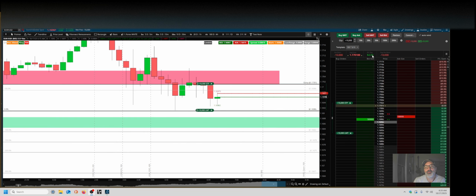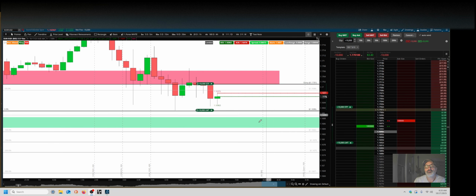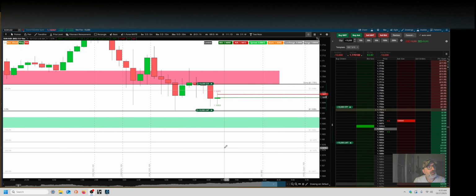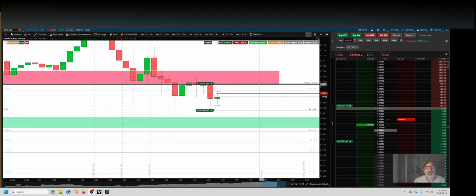Obviously, you're going to have more than one lot or one mini lot when you're trading. If not, it's cool. One mini lot, that's fine. This is more for educational purposes. And these are kind of trades that you could just set and forget, pretty much.